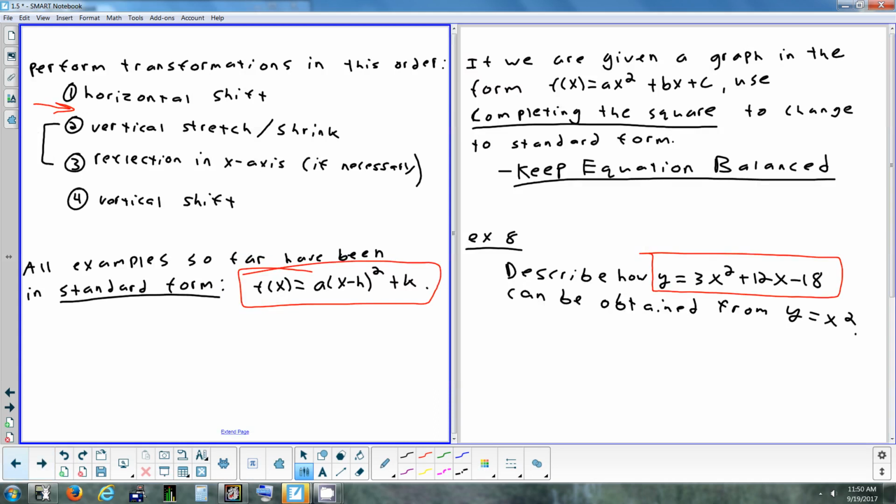And the way you do it is to complete the square. Now, completing the square is something you probably did back in Algebra 1. I'm going to go through it as an example, but I'm not going to write out every single step of how to complete the square. I'm just going to show you in an example.